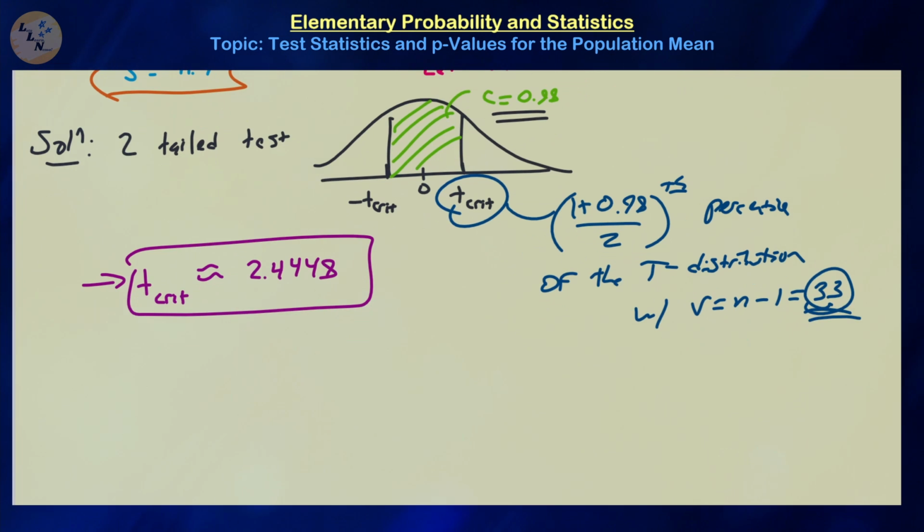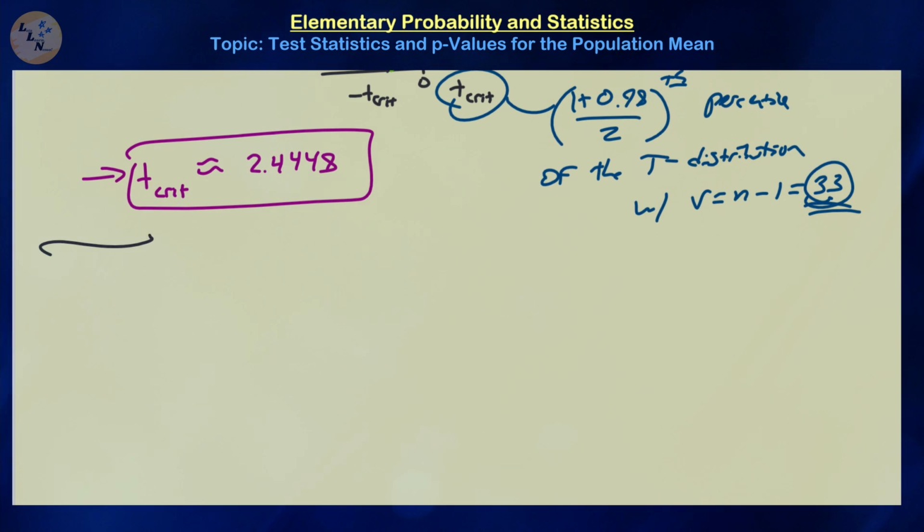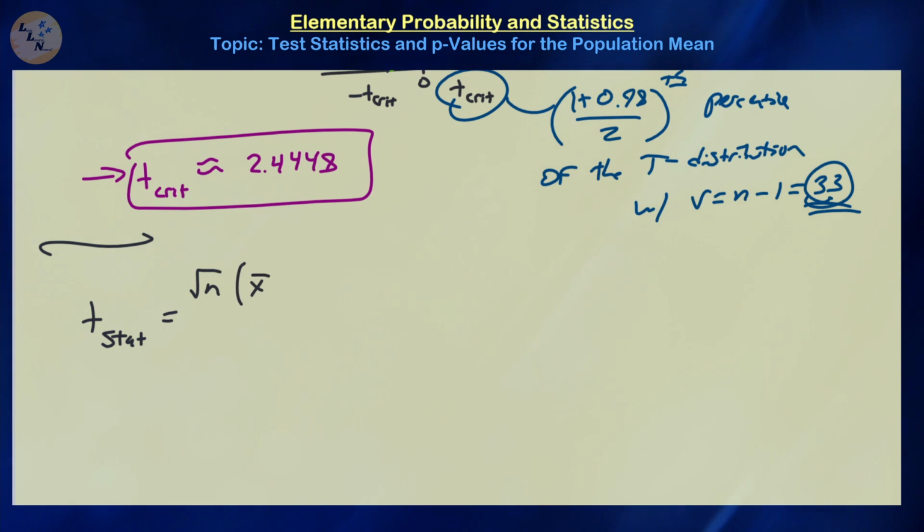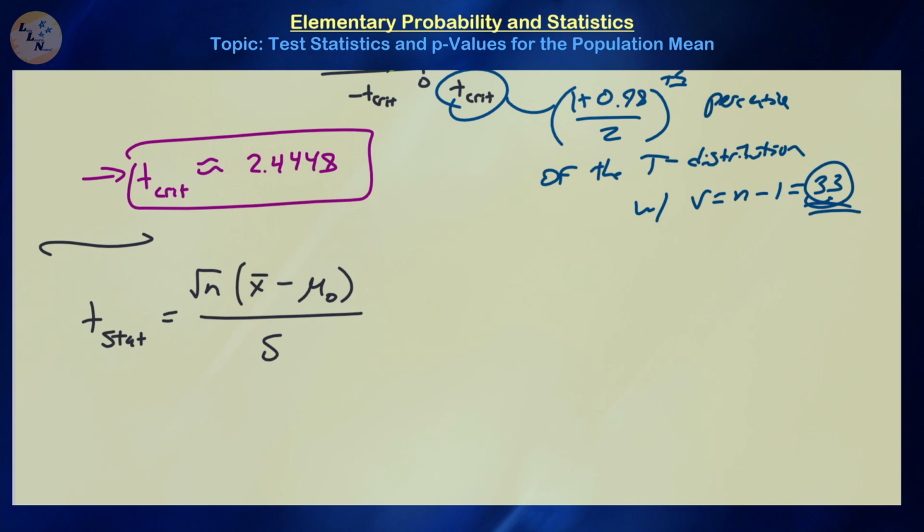Once we have a t-critical value, now we have something to compare our test statistic to. So let's calculate our test statistic and see what that comes out to. The t-test statistic is going to be equal to, again, the square root of n times the sample mean that we obtain minus the claimed value of the population mean, divided by the standard deviation of our sample.